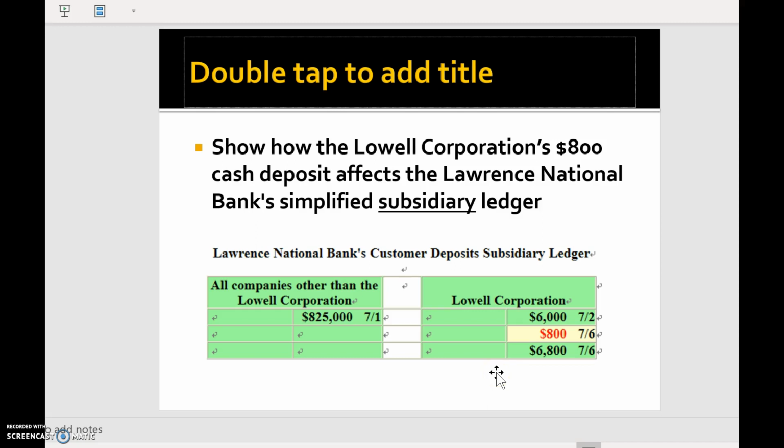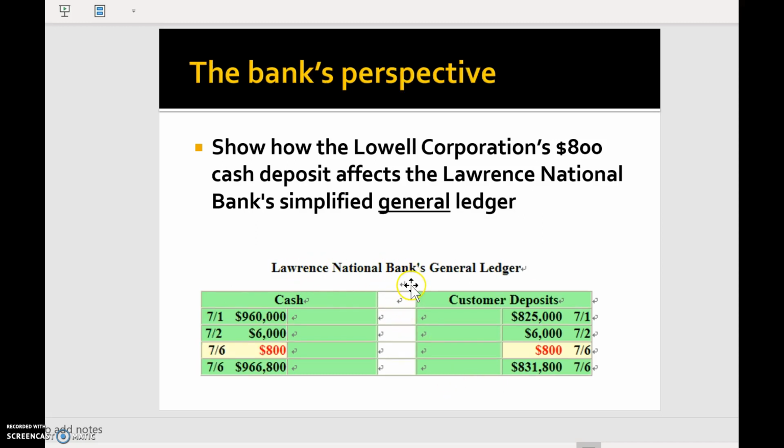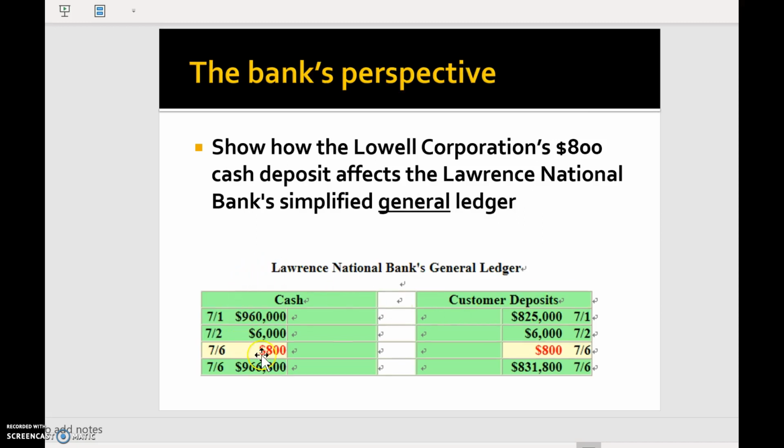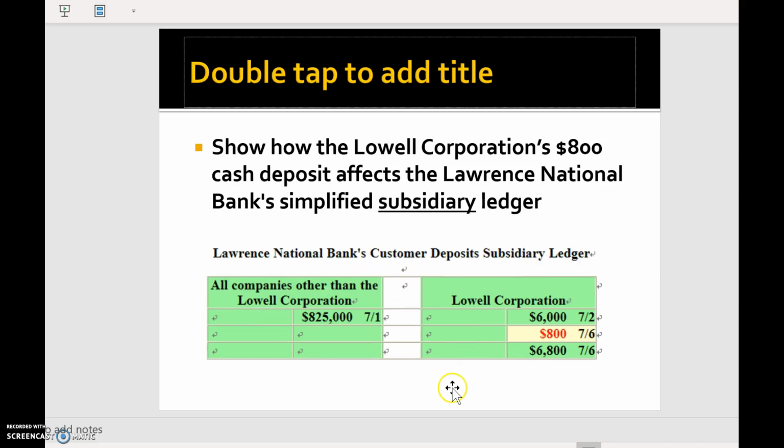Another point is that the Lawrence National Bank actually has subsidiary accounts, which means when we look at cash and customer deposit, it's a pool account of everybody. So we don't know how much belongs to Lowell Corporation. This $960,000 cash is a pool of cash of every customer that the Lawrence National Bank has.